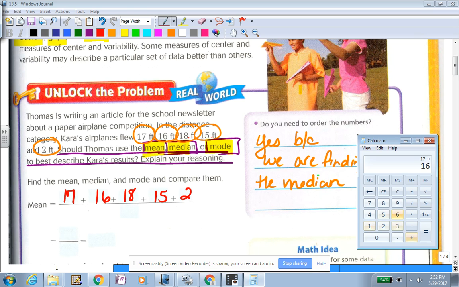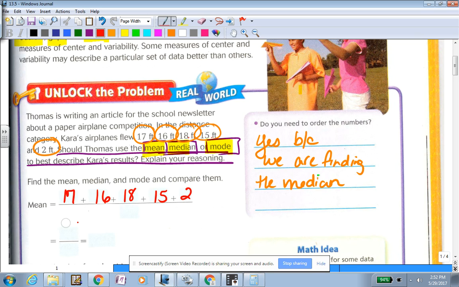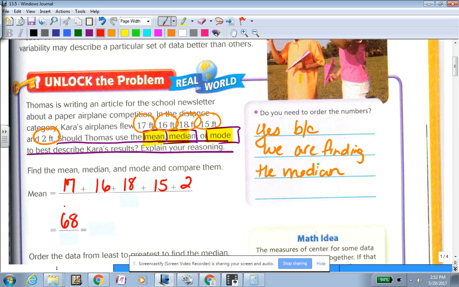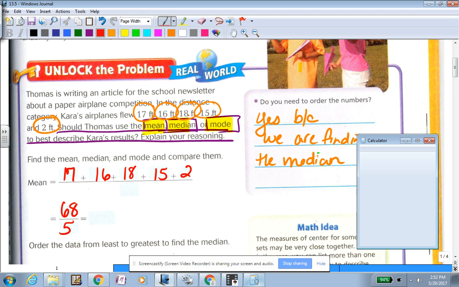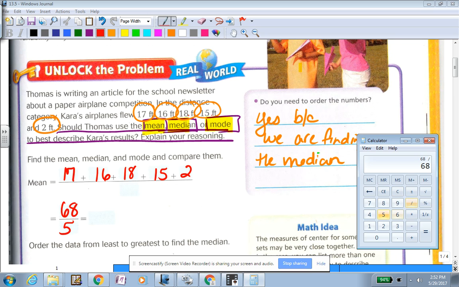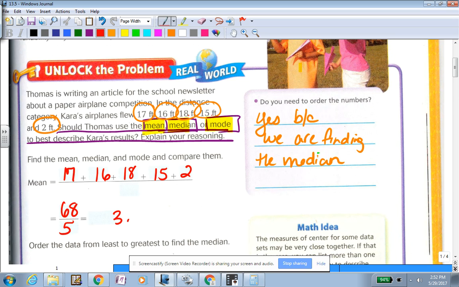We don't need to get tripped up by any computation errors. So we've got 68 as the total of these values. And what do we have to do to find the mean after we've added them together? Divide by the number of observations. So that's 68 divided by 5. It's not going to be a whole number. That mean is 13.6 feet, which is our unit of measure.